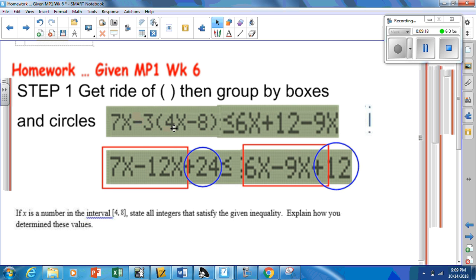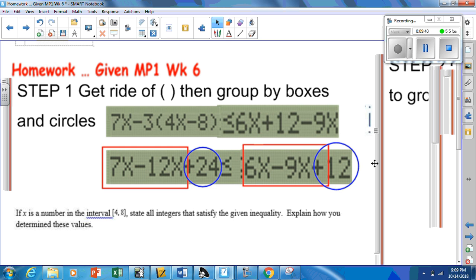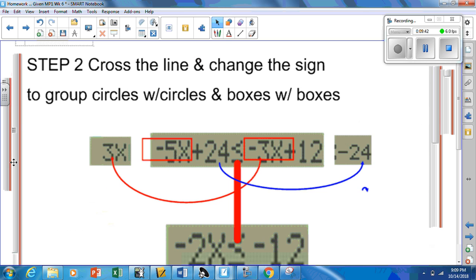So I'm multiplying 4x by -3. That gives me -12x. And I'm multiplying -8 by -3, which gives me +24. So I want to box up my values of x, and I'm going to box up my value of x on the right. That takes me to my next step, step 2.